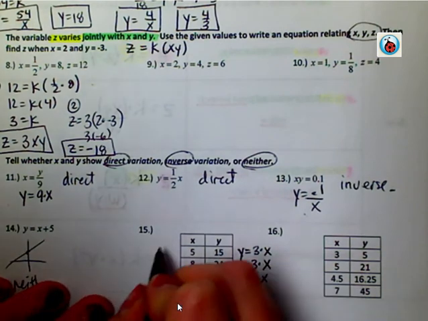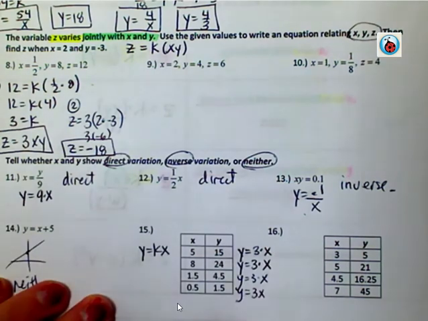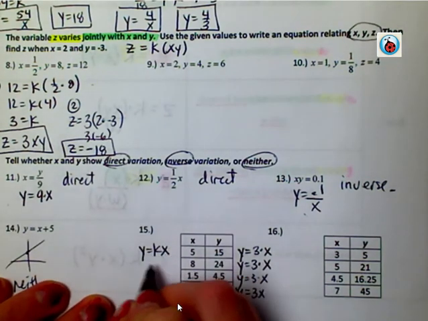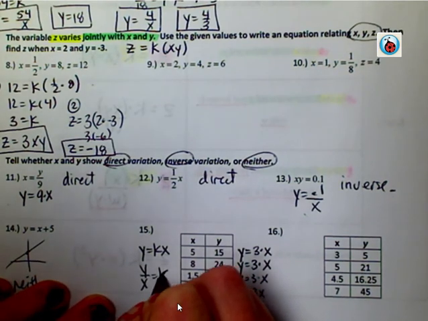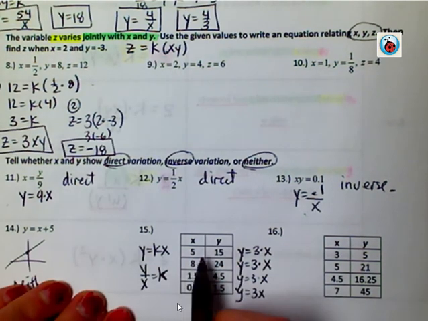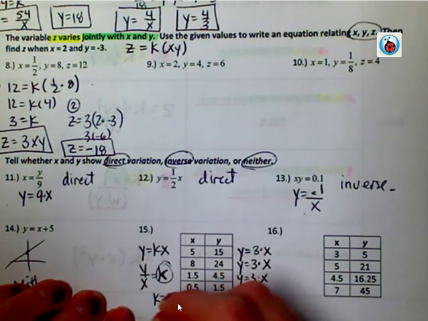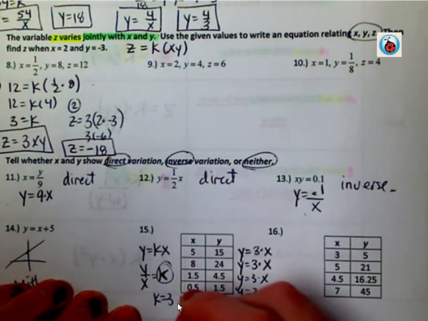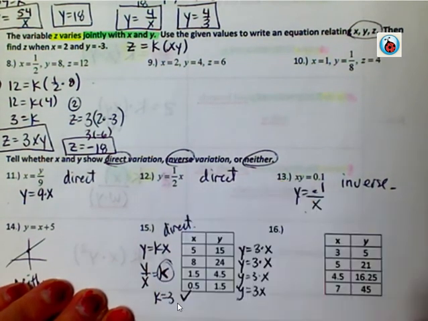Another way to check this would be, okay, y equals kx. Well, I don't have k, but I do have x and y. Check by dividing each of the pairs of numbers, and you get a k value of 3, and it checks for each pairing. So this would be direct.